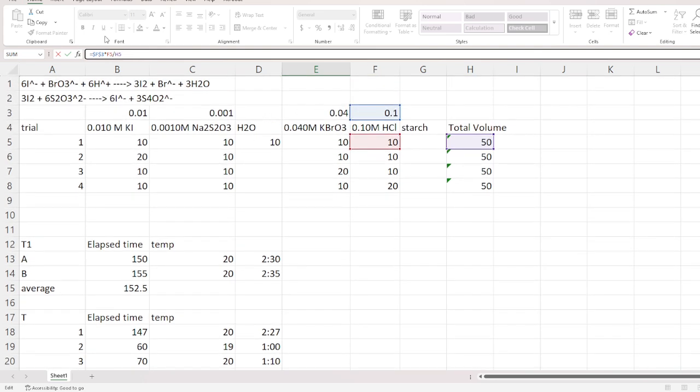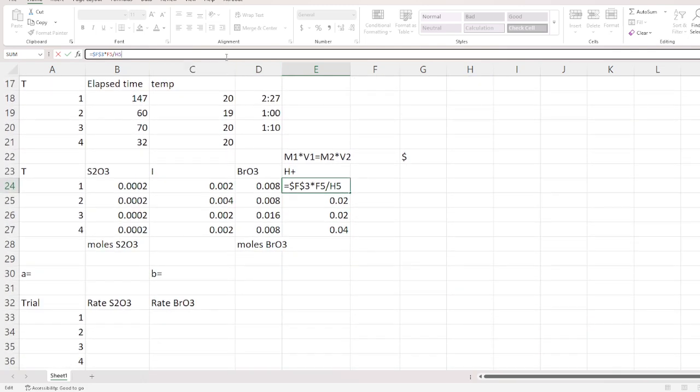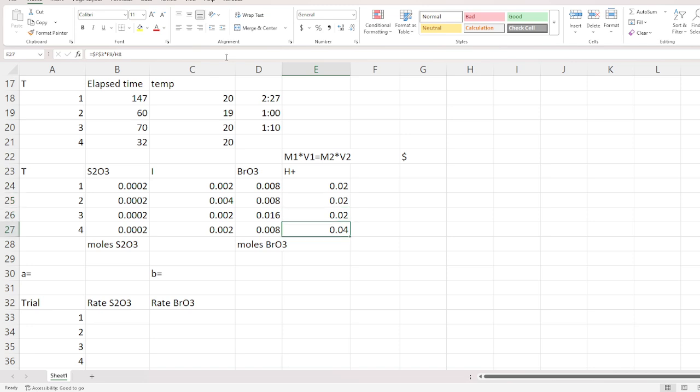So in blue, it says there's the F3 times there's the F5 in red divided by the H5 in purple. And so you can always see where a box is referencing. So I now have my relative concentrations for all 4 trials.